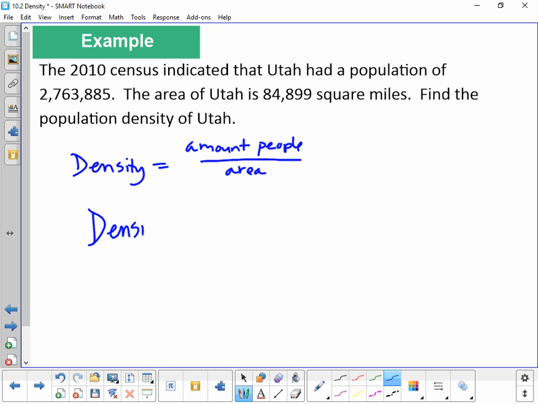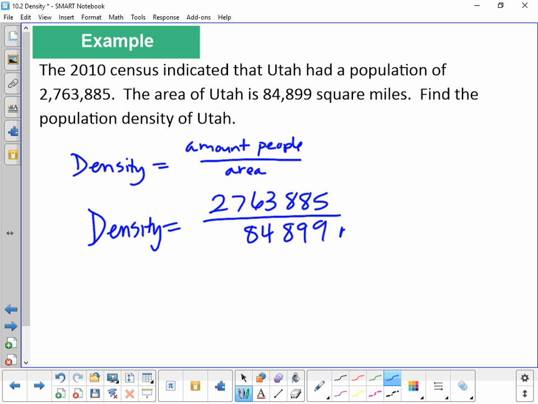So in this case, the density is 2,763,885 people divided by 84,899 square miles. And when we calculate that, we come up with the number 32.6.